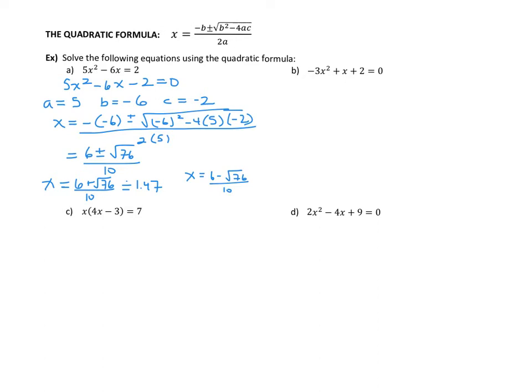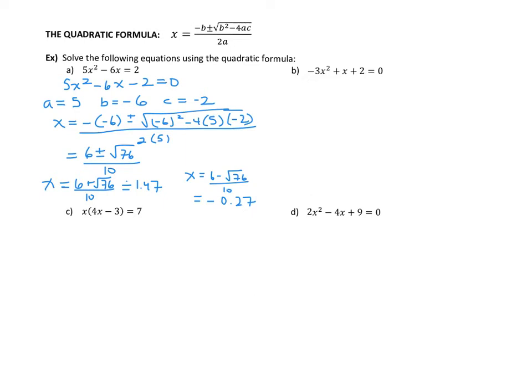Hit that equal sign, divide by 10. I think I did that correctly. I got a negative 0.27. I may have hit the wrong button on that, but hopefully that's correct. I'm just double checking my work because I don't like to make mistakes. There we are. All right, so there we have it. We've got our two x-intercepts if we were talking about the related quadratic function.